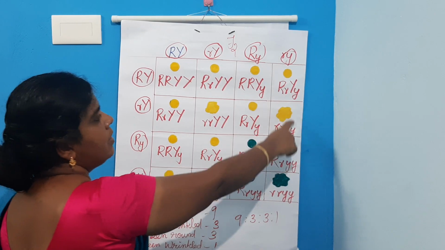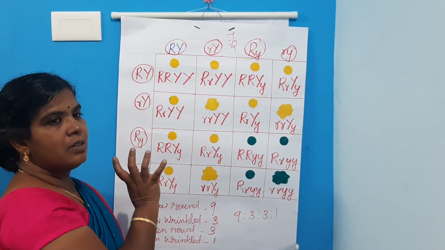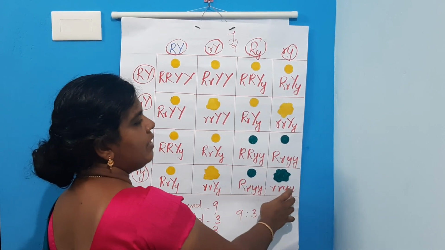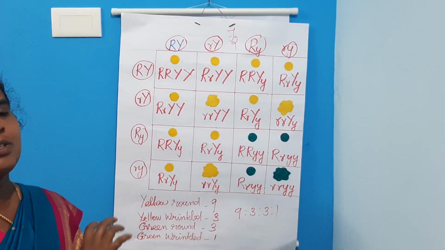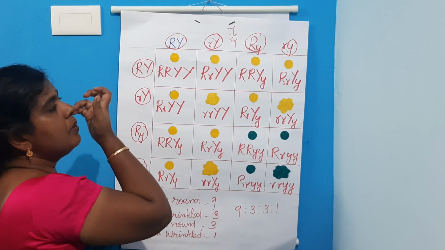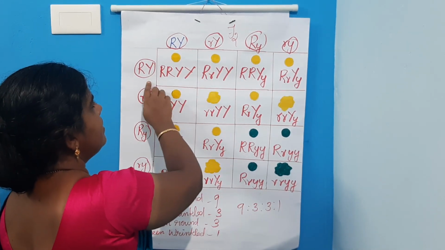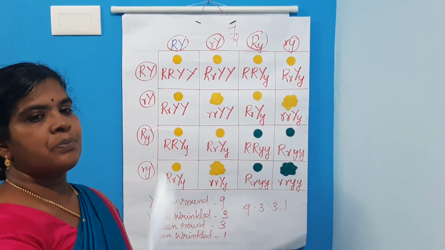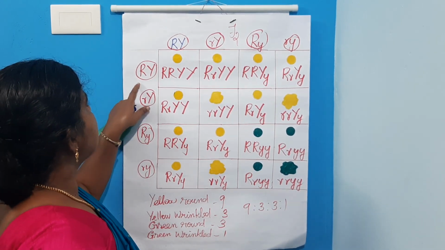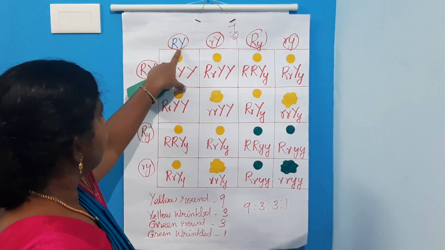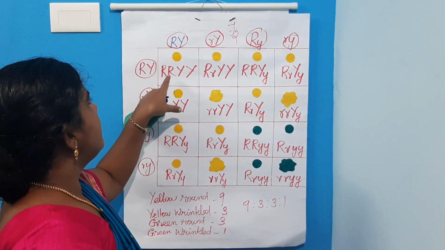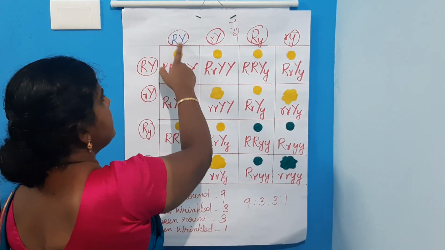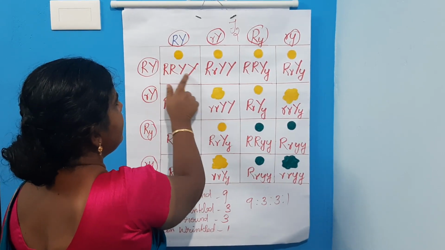For F2, you have to draw the checkerboard, which is a graphical representation to note down the hybrids. So this gamete fused with that gamete forms this round yellow seed: capital R, capital R, capital Y, capital Y. Write down here.